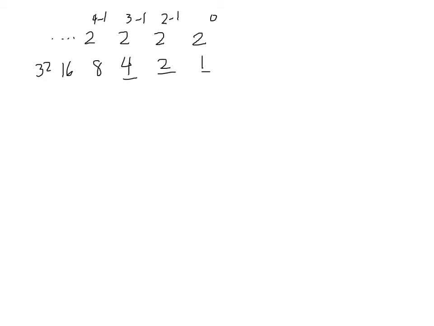Give you one example again. Let's say the number in binary notation is 1101 base 2. What is this number in base 10? Very simple. This 1 is going to be multiplied by this 1. So we're going to have 1 times 1.